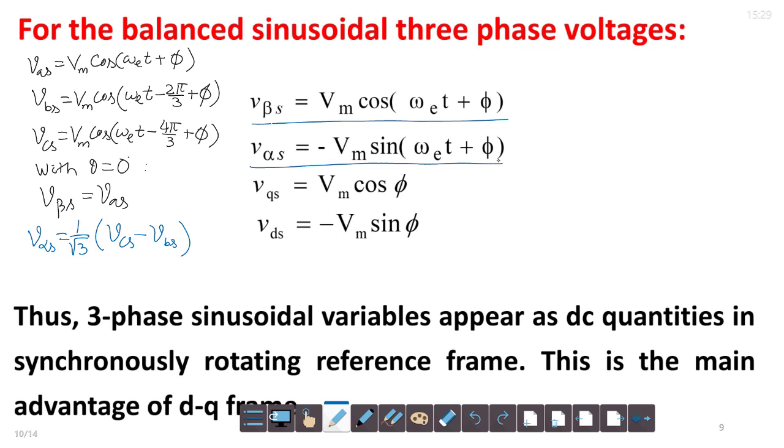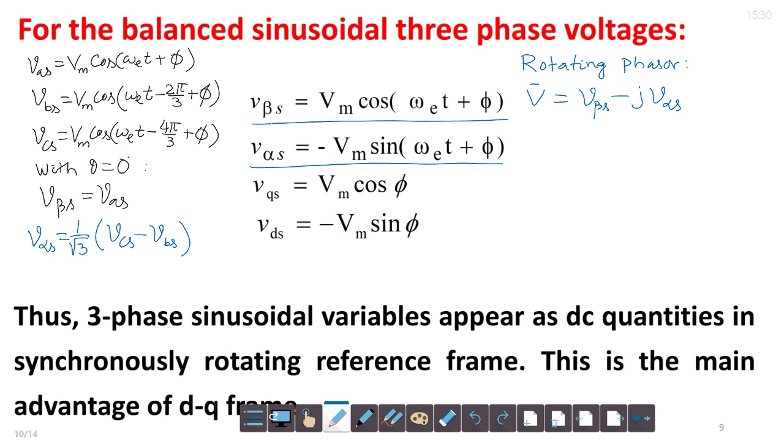If we write this as a rotating phasor, we represent phasor voltage V as V beta s minus j V alpha s, because the alpha axis is lagging 90 degrees behind the beta axis.